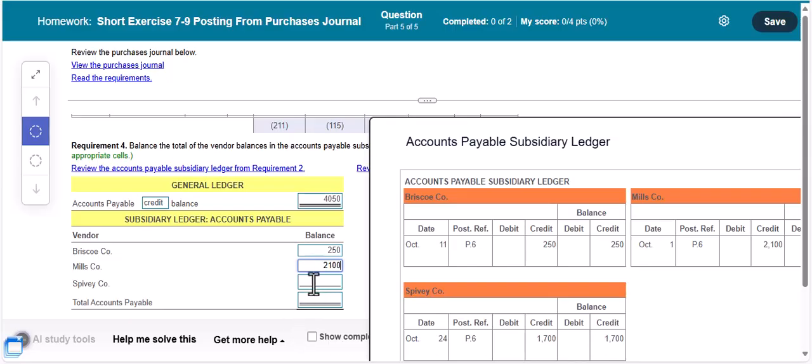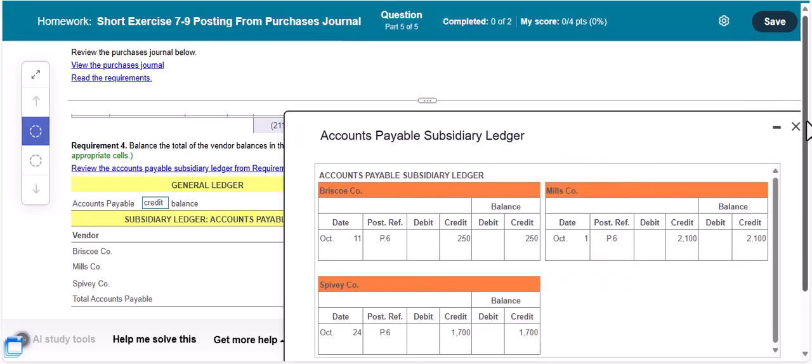And that gives us a total of $4,050. And this balance here on the general ledger has to add up to the total balance here on the subledgers, because again, the subledger is just a breakout of the AP account, showing who owes us what. All right, let's just check our answer. Excellent.